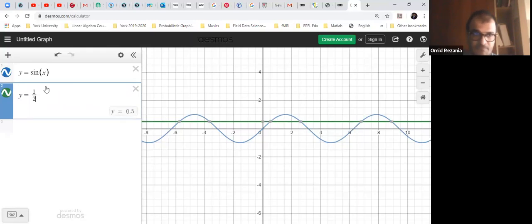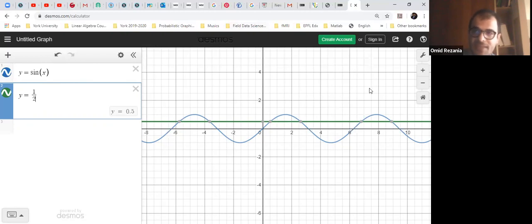When I say sine x equals 1 over 2, it means I'm getting married sine x and 1 over 2 as husband and wife. I'm looking for the points common between them, which geometrically become the points where they intersect, where they cross each other.